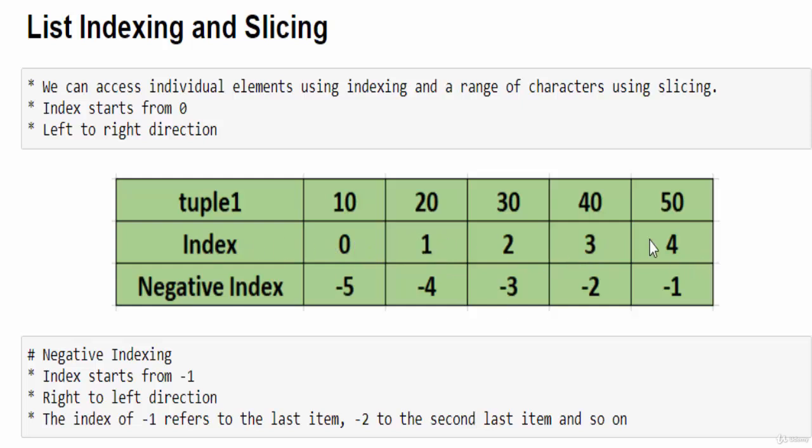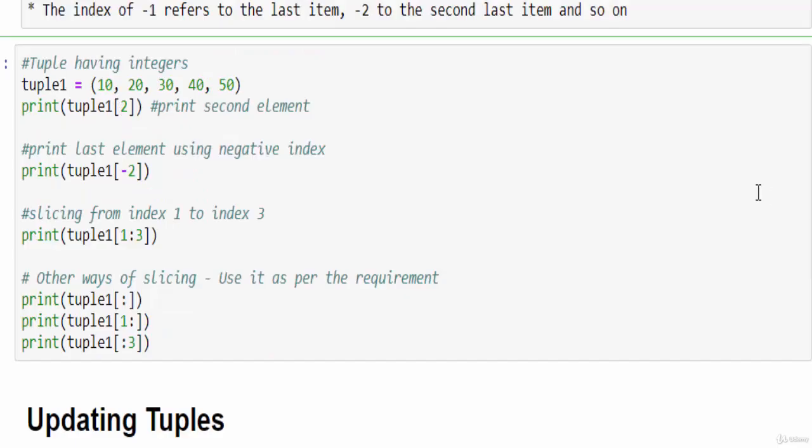In negative indexing, the index value starts from -1, then -2 and so on, and the direction is from right to left. Whenever you want to access a single value, it is called indexing. If you want to access a range of characters, then we call this slicing. I have already shown these examples.